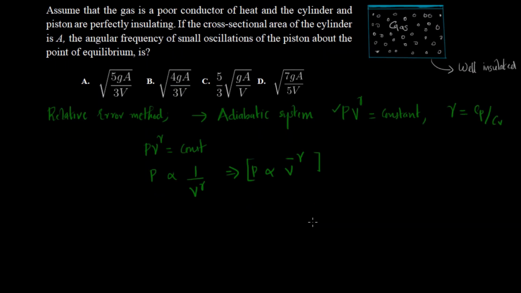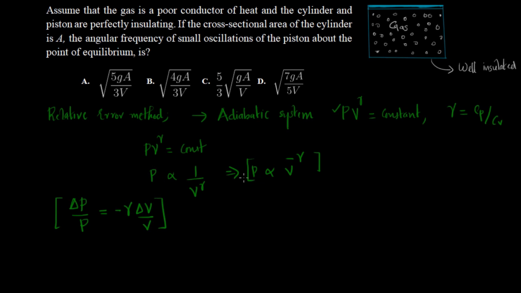Okay, so again I'm going to write this using this method. I'm going to write this equation as delta P by P is equal to minus gamma delta V by V. This is a basic principle of the relative error method.